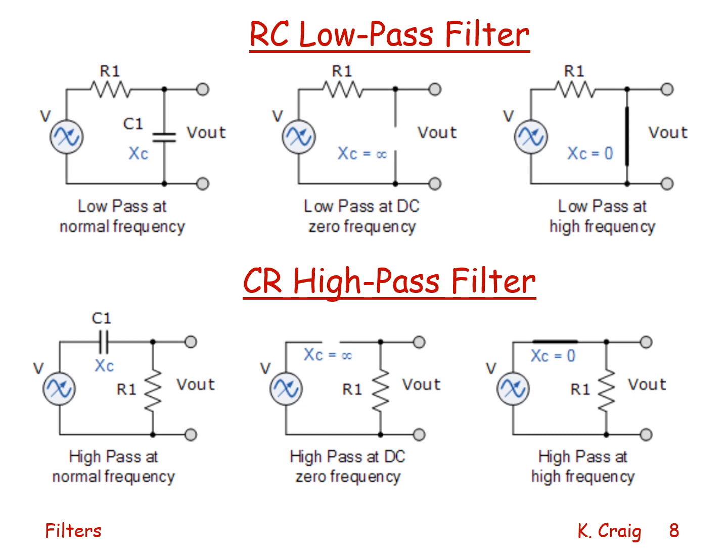This is very important to understand because we can often understand complicated circuits by looking at how they perform at very low frequency, or DC, and how they perform at very high frequency by making these limiting simplifications.